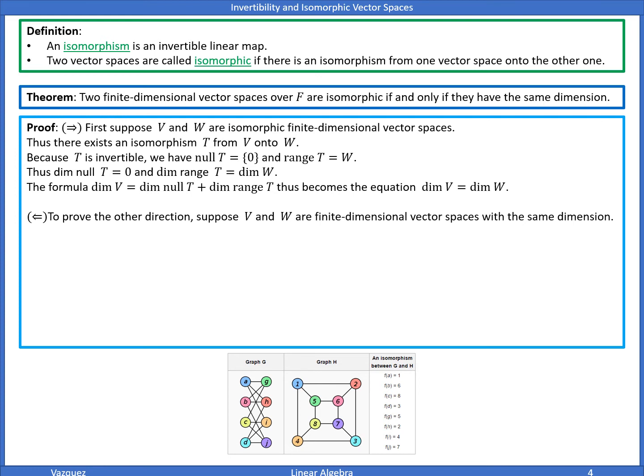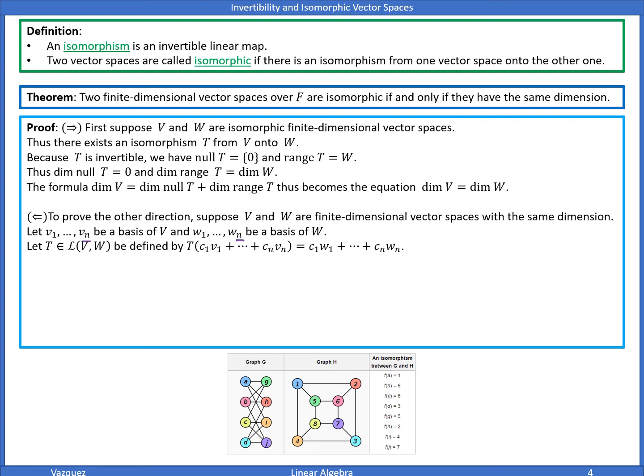To prove this direction, suppose V and W are finite dimensional vector spaces with the same dimension. We're going to let V1 to Vn be a basis of V, and W1 to Wn be a basis of W. Again, same subscripts because we're assuming they have the same dimension.